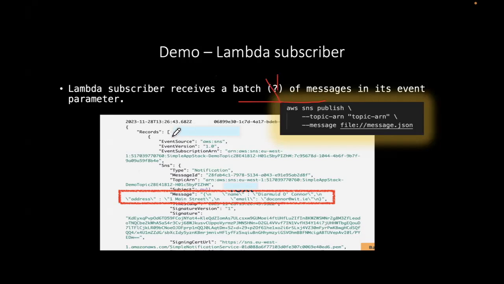And here's confirmation from the console log of the log stream associated with my particular Lambda subscriber that it is actually receiving an array of messages. In my case, for this simple little demo, I'm using the CLI to send a message to my SNS topic. So this is the CLI invocation. Do I show the message?